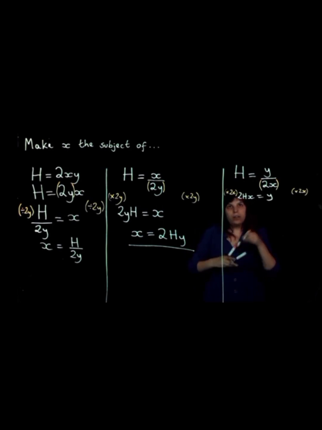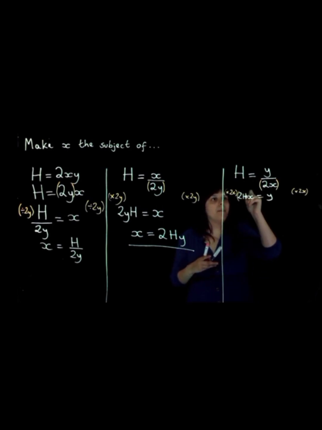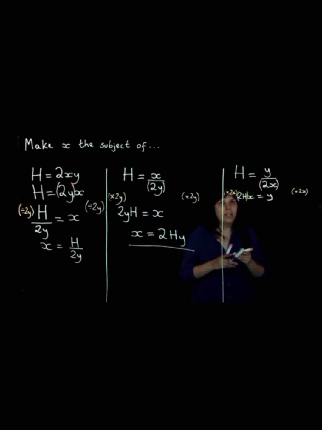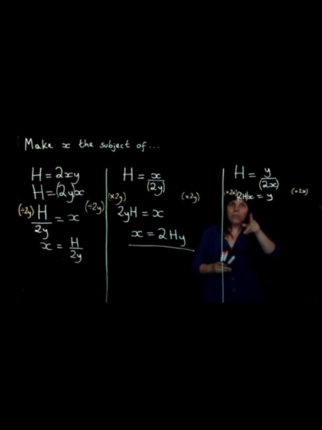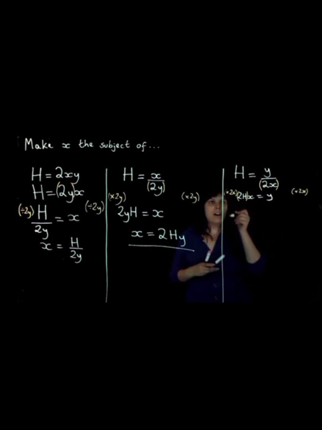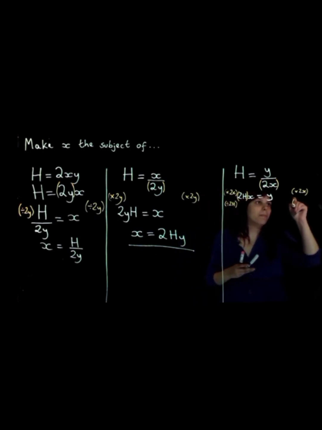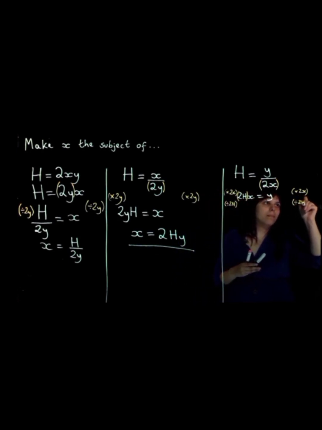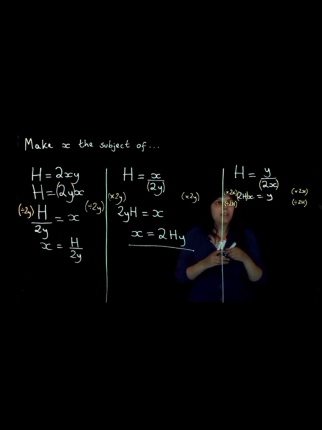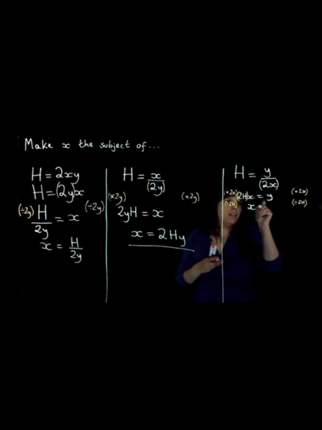Now I'm going to put that bit into brackets, the 2h, because I want my x on its own, and I'm going to divide by the 2h because I'm currently multiplying by it. And so I end up with x equals y over 2h.